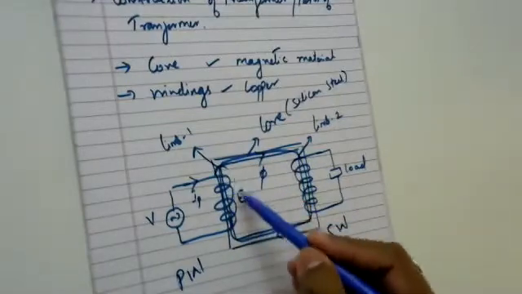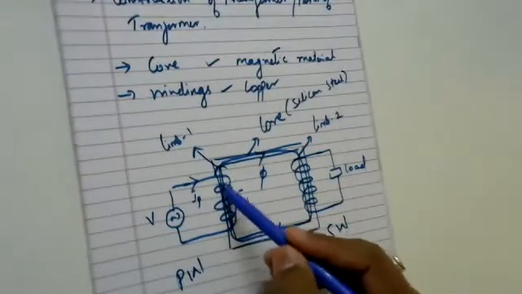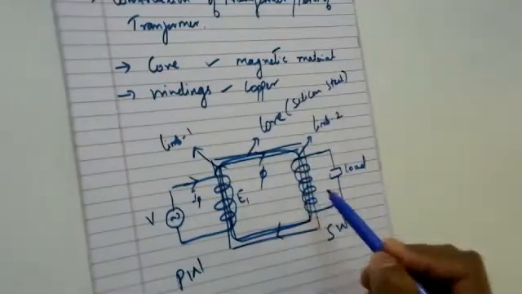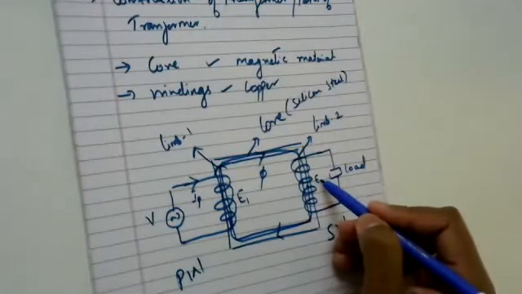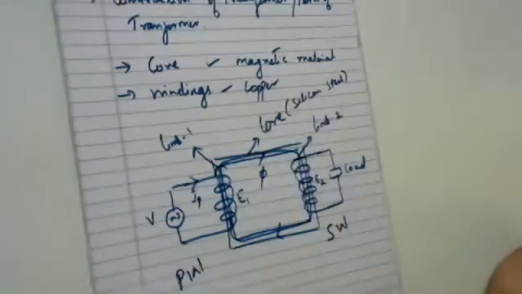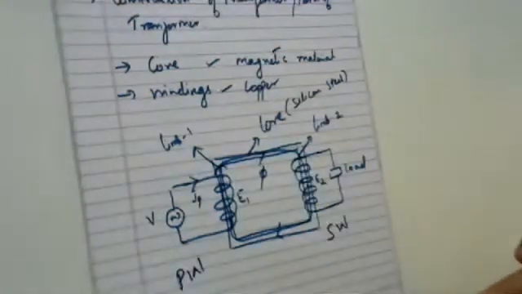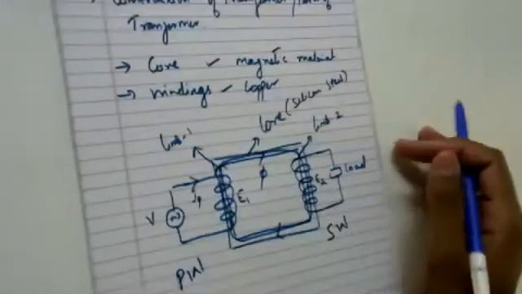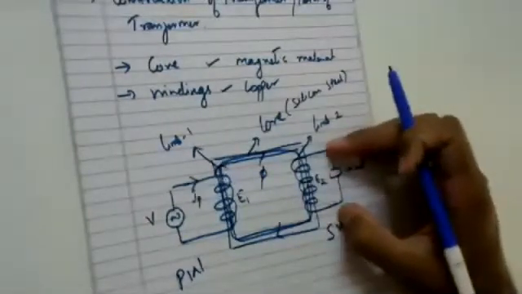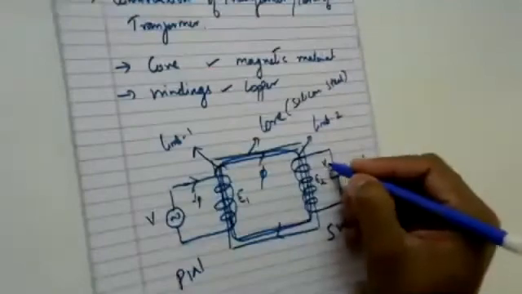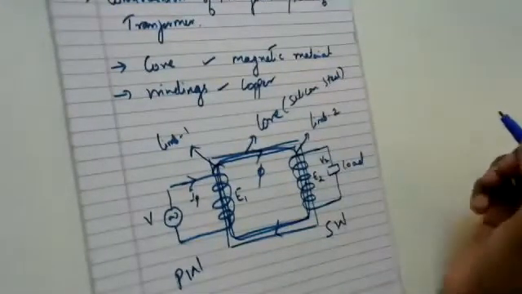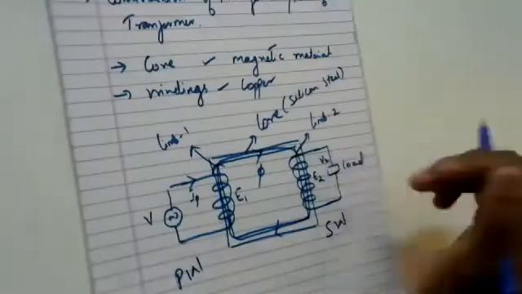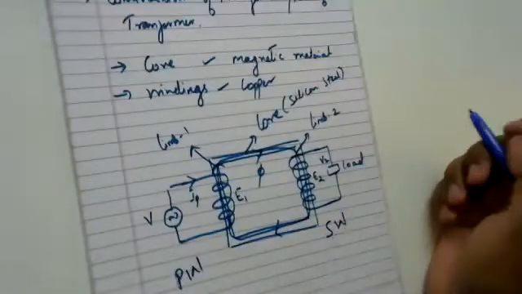When this flux produced by the primary links with the secondary winding, it induces one more EMF, called the mutually induced EMF. And the voltage seen across the load is V2, called the terminal voltage or load voltage.